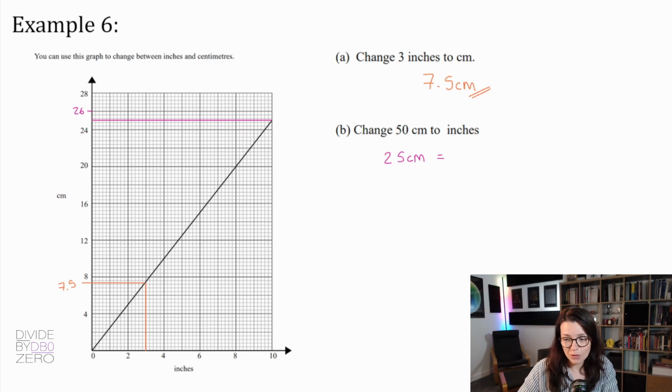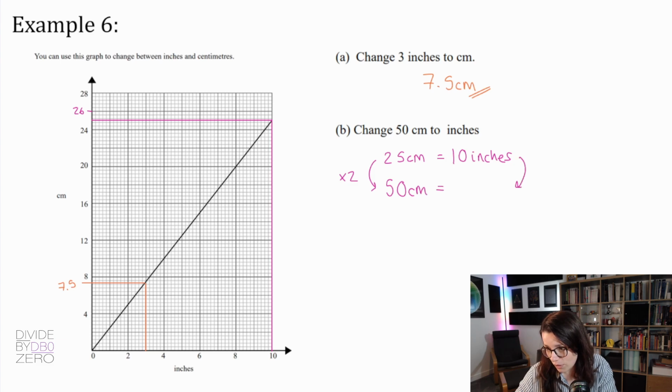That's still on the graph, so it's on the end of the black line. So if we draw a line coming down from there, that looks like exactly 10 inches. Now I chose 25 because I was thinking that would be easy to then double it to get to 50. So if we times by 2, that will give us 50 centimeters, and do the same on the other side. So we need to times the 10 inches by 2 as well, and that will give us 20.